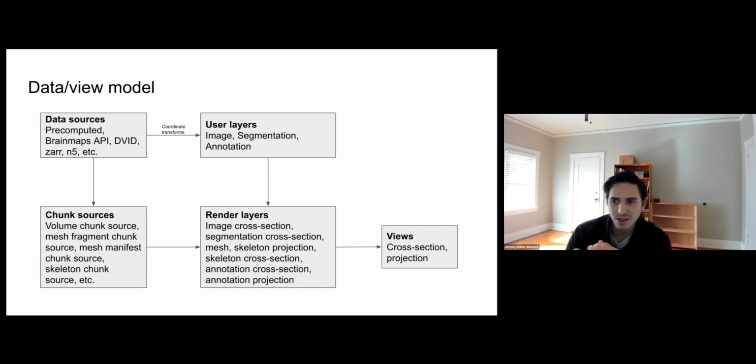Each of these views essentially pulls in all of the render layers that are compatible with that view type. So a cross-section view will consider only an image cross-section render layer or a segmentation cross-section render layer, but ignore any mesh render layers. And similarly, a projection view will look at the mesh render layer, a skeleton projection render layer, or an annotation projection render layer, but ignore the image cross-section render layers.